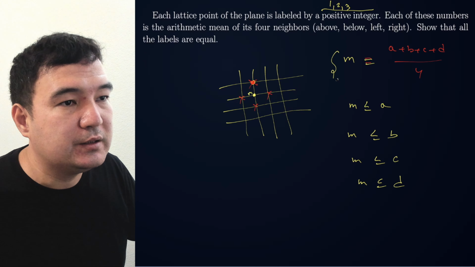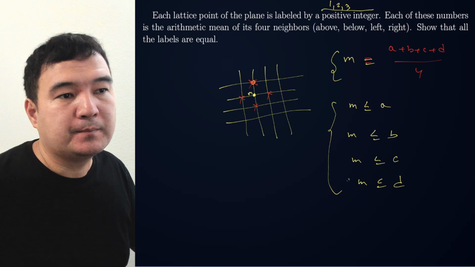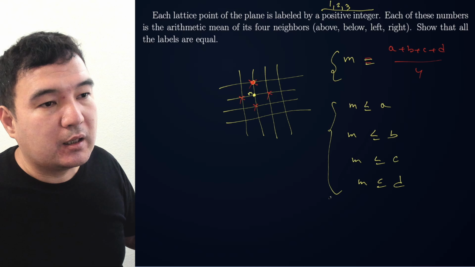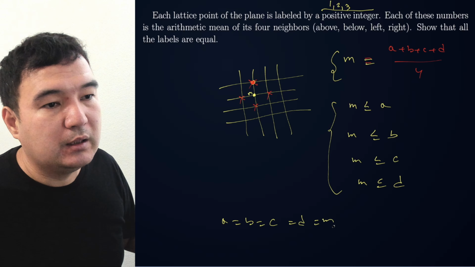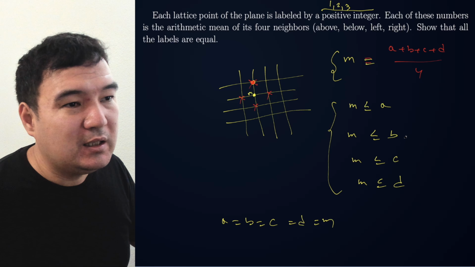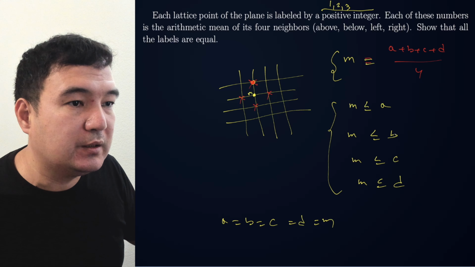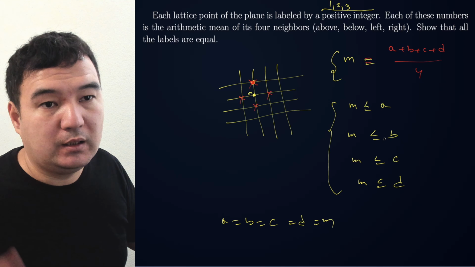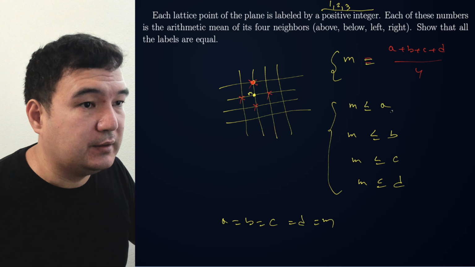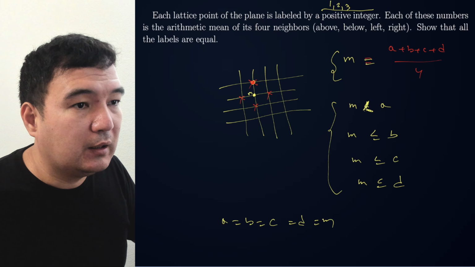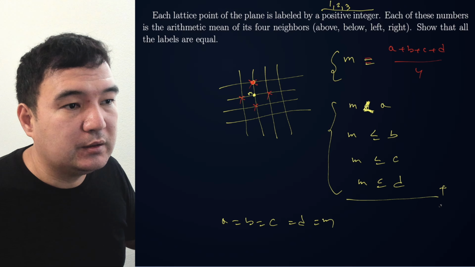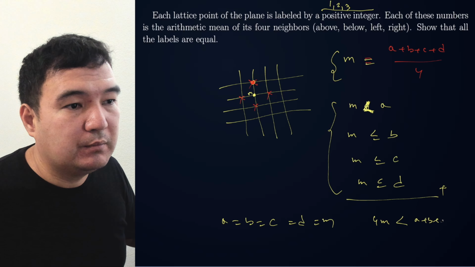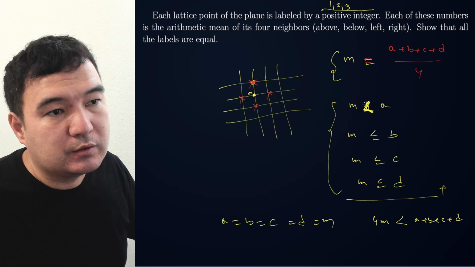Now, if you compare this equation and these inequalities, we can come to the conclusion that A, B, C, D are all equal to M. They are all equal numbers, because even if only one of them is greater, let's say A is strictly greater than M, then when you sum these inequalities, you will get 4M is strictly less than A plus B plus C plus D, because of this contribution.